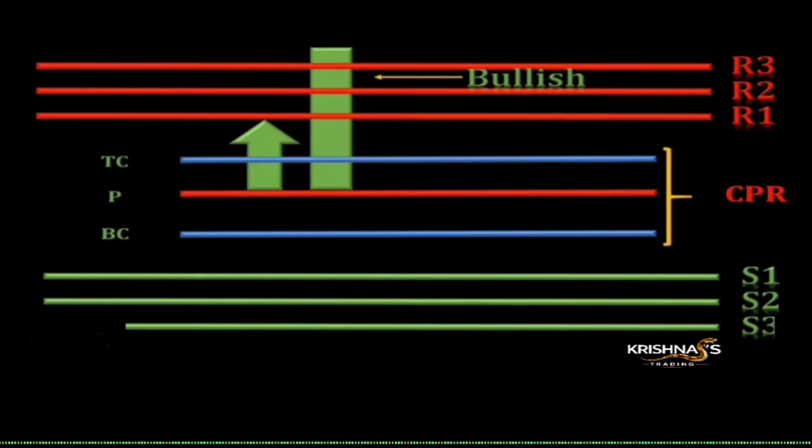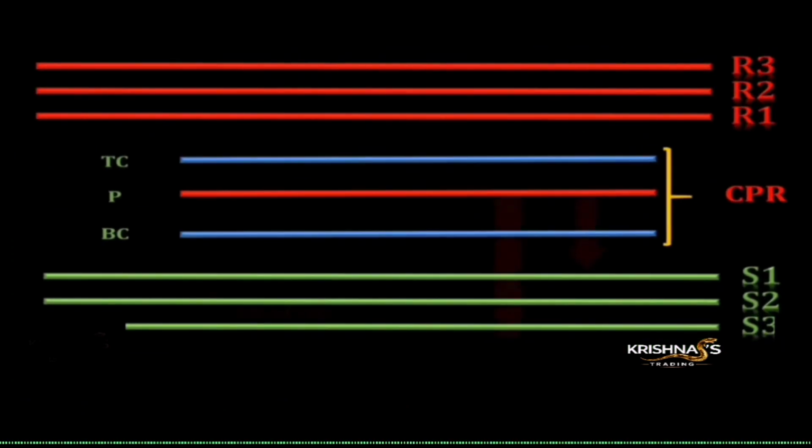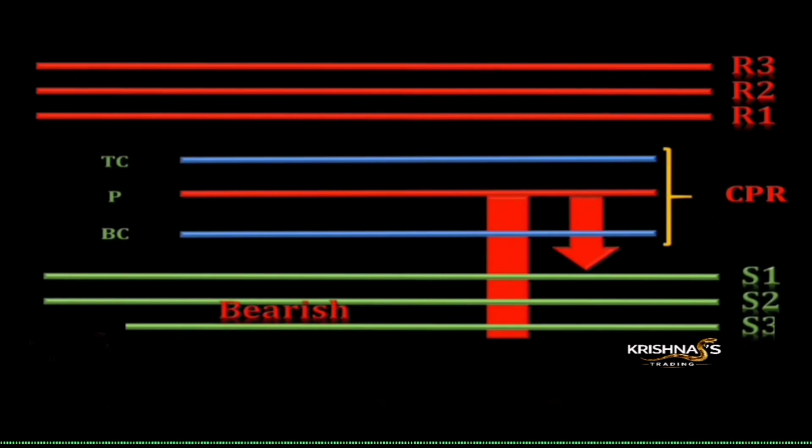If it breaks the bottom central pivot line and sustains below it, it means the market will be in a bearish mode. It will go towards S1, S2, S3.